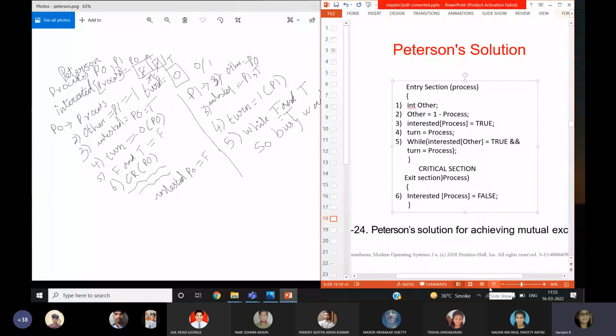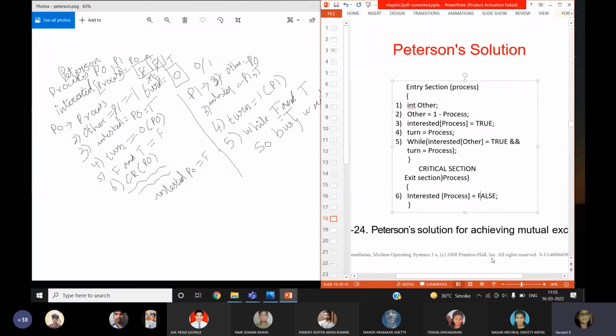Advantage of this algorithm when comparing with the strict alternation: in strict alternation, what was the limitation, the disadvantage? There are different algorithms for different processes, and also only two processes can execute. Okay.